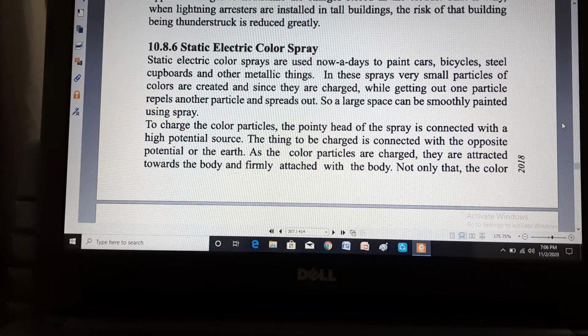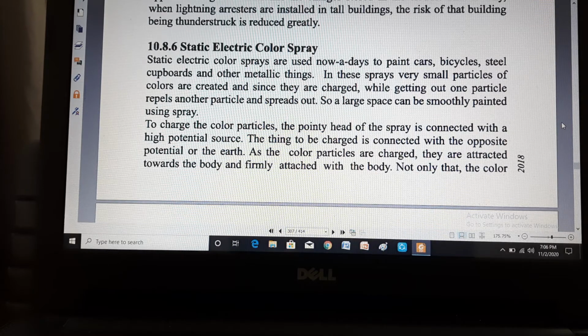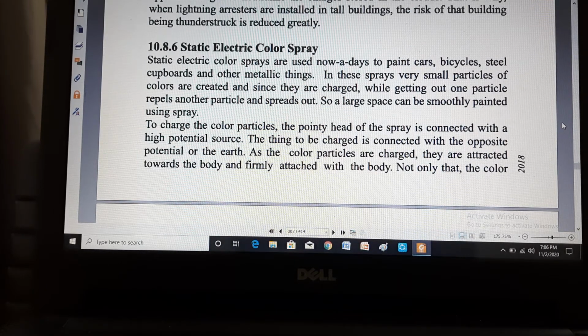To charge the color particles, the pointy head of the spray is connected with a high potential source. The thing to be painted is connected with the opposite potential or the earth. As the color particles are charged, they are attracted towards the body and firmly attached to the body.